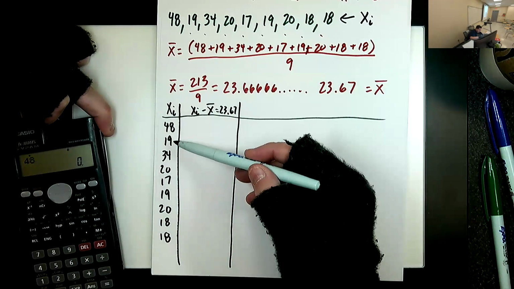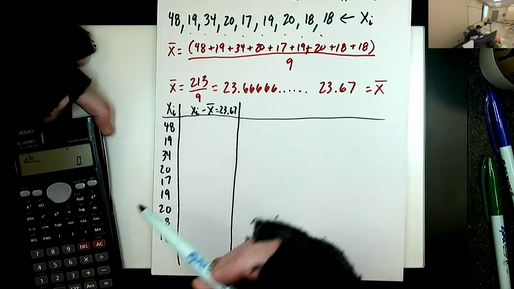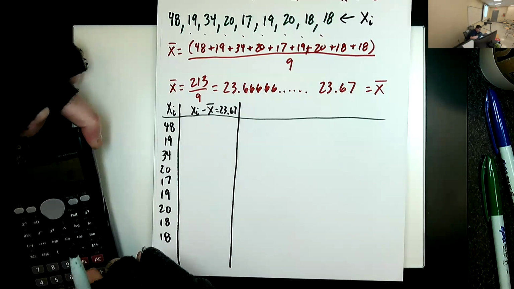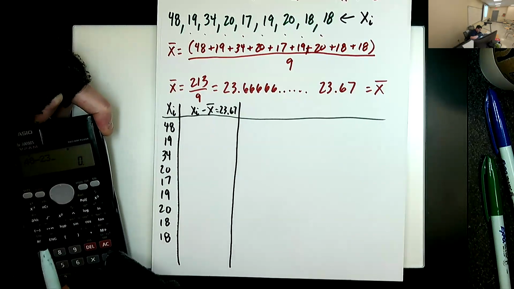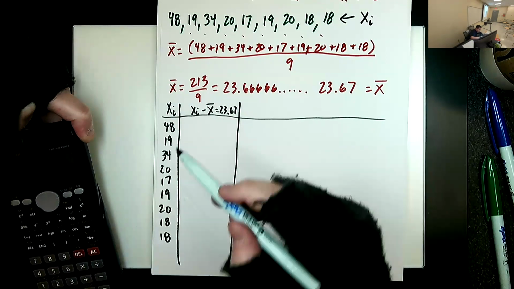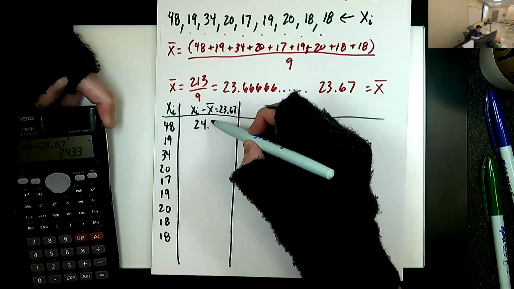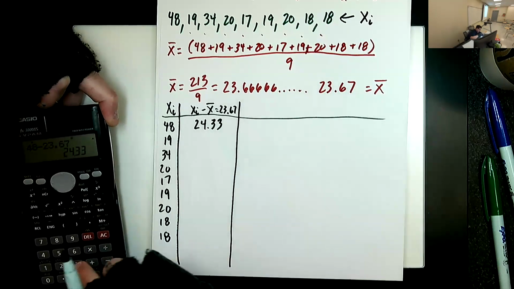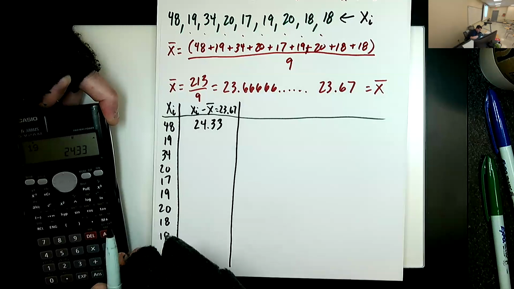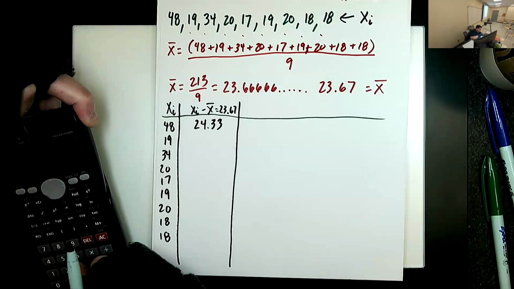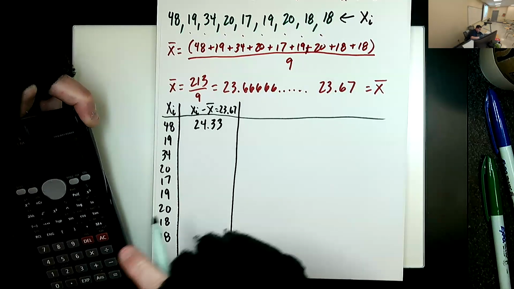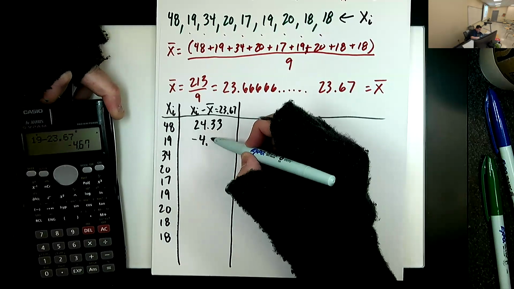Once I do the 19, I can fill in the 19 down below. 48 minus 23.67 is 24.33. 19 minus 23.67 is negative 4.67.